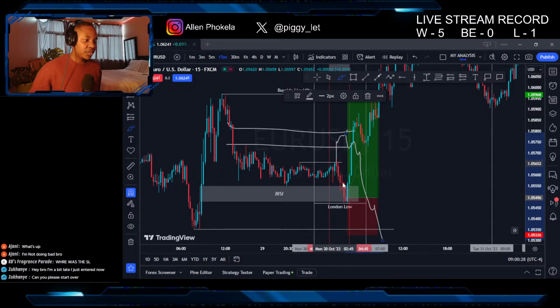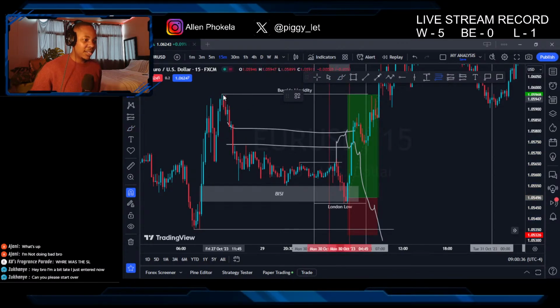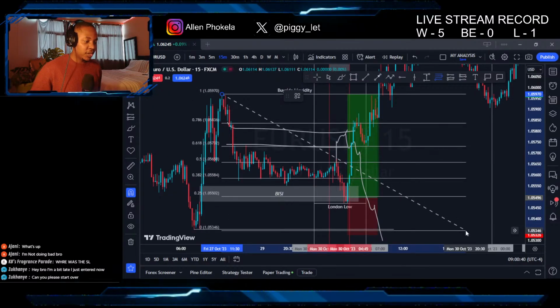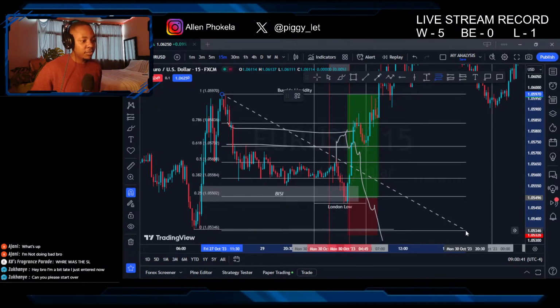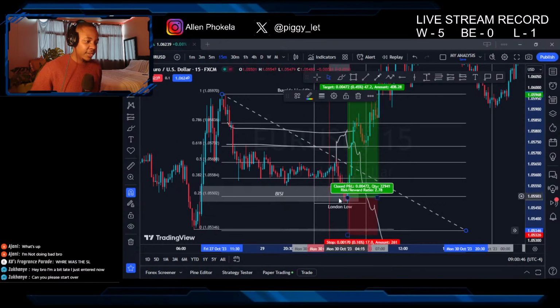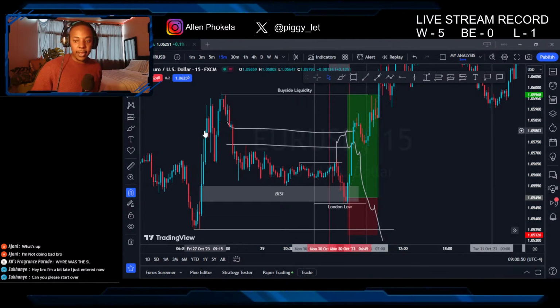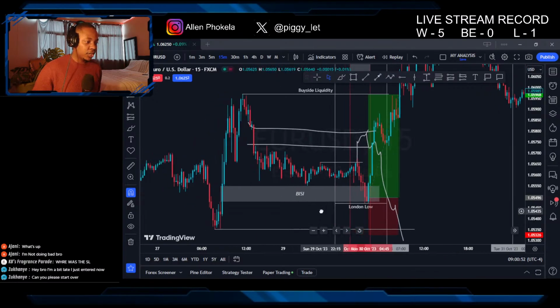But as you can see, price turtle souped lower, going into that BISI, giving you that optimal trade entry, which is below the 50%, around the 25% or 75%, the other way around, of course. So that's a discounted area to buy from.